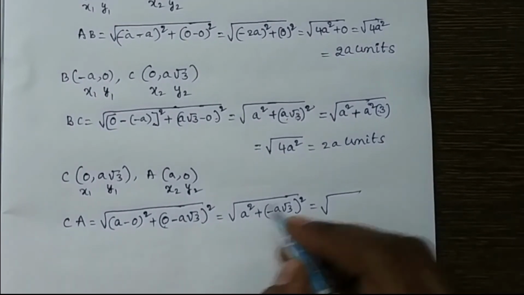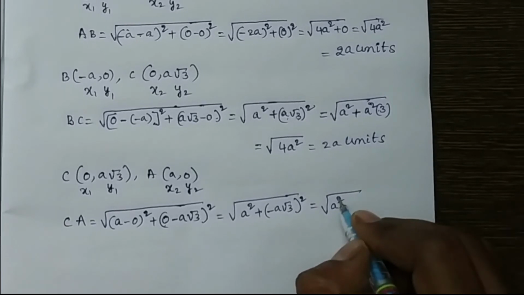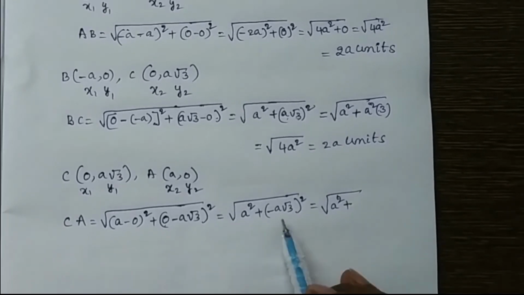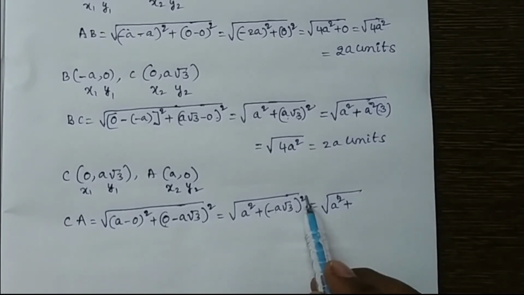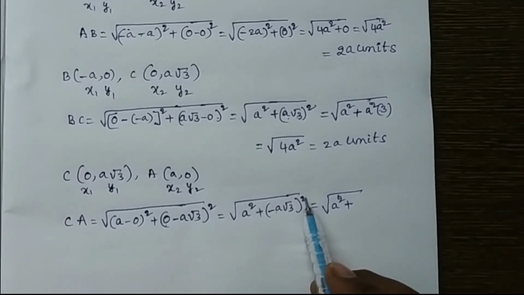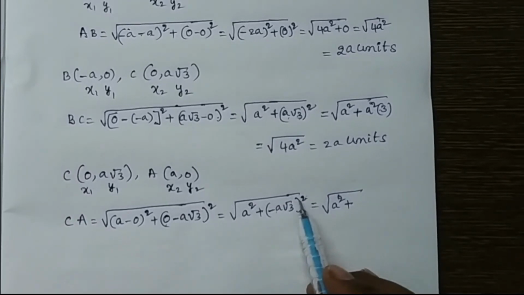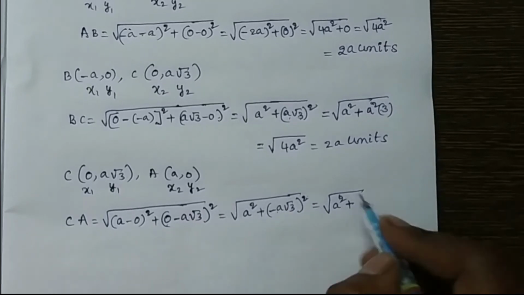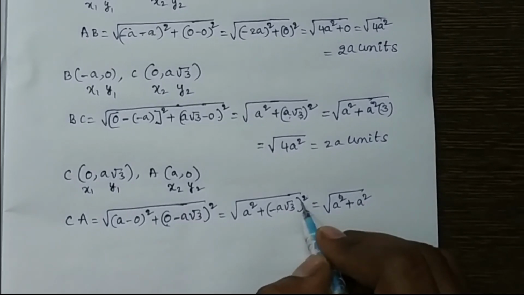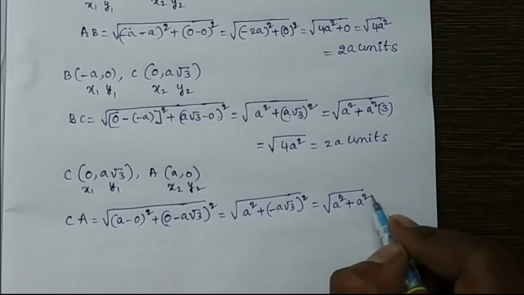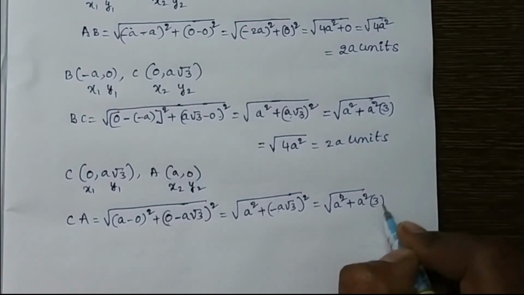That is equal to a square plus, it is in the form of (ab) whole power m, so minus a root 3 whole square means a square into root 3 whole square, root 3 into root 3 is root 9, which means 3.